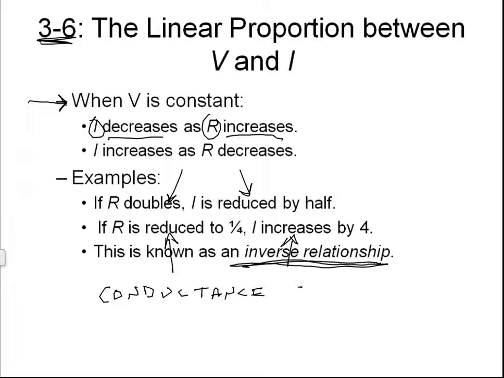Conductance, its formula symbol is G. Its unit of measurement is the Siemens, or S, there we go. And conductance has a relationship to resistance.